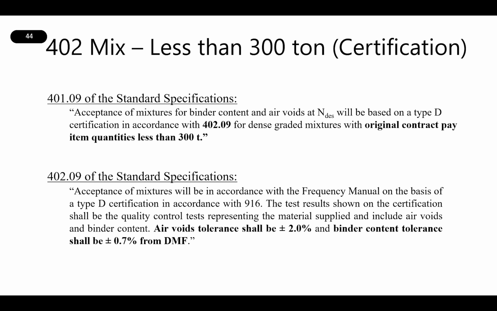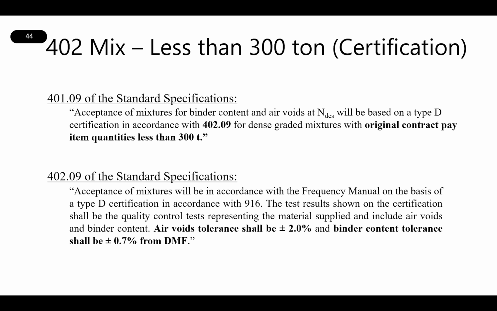Lastly, I wanted to mention 402 mix or certification mix. So for mixtures where there is original contract pay item quantities less than 300 tons, we accept that in accordance with 402.09, which is by Type D certification. Basically, if there is less than 300 tons on the contract, that's not enough mix for us to be able to get a viable test in order to run and see what those test results are.